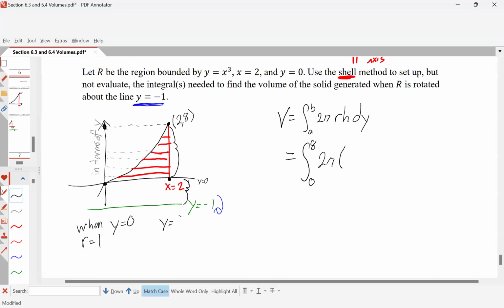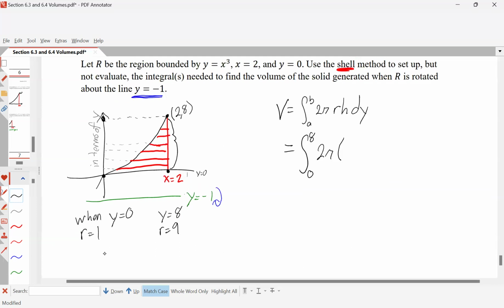And when y equals 8, we want r to equal 9 because -1 up to 8 would be a distance of 9. Well, that is a pretty easy equation to see. This means our radius equals y plus 1. That is the radius for our integral.